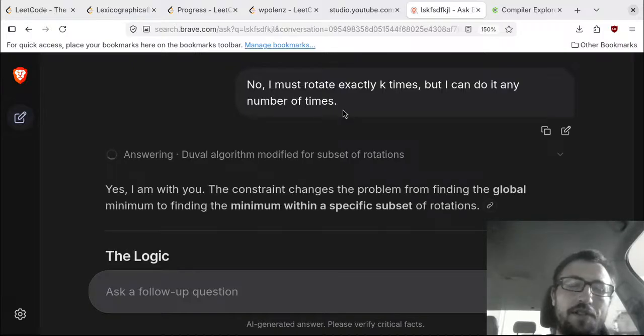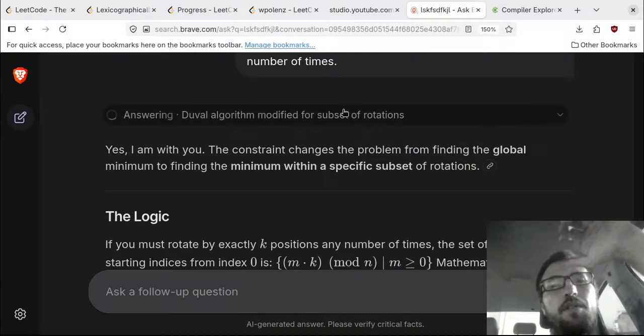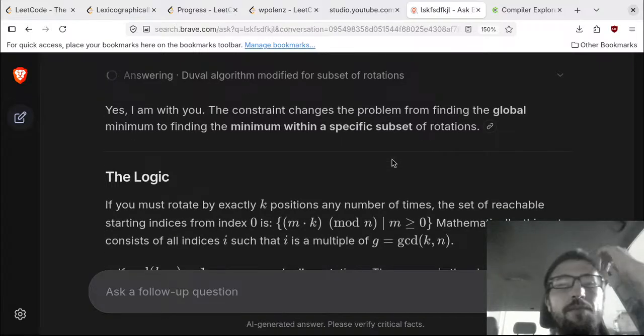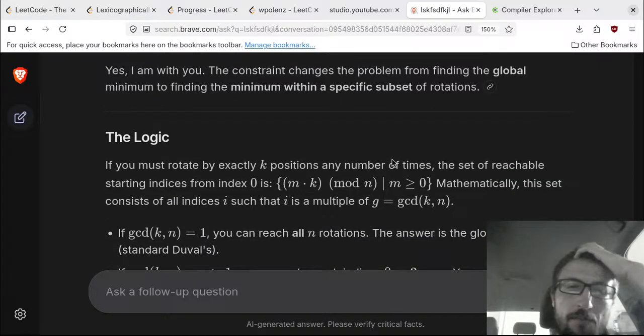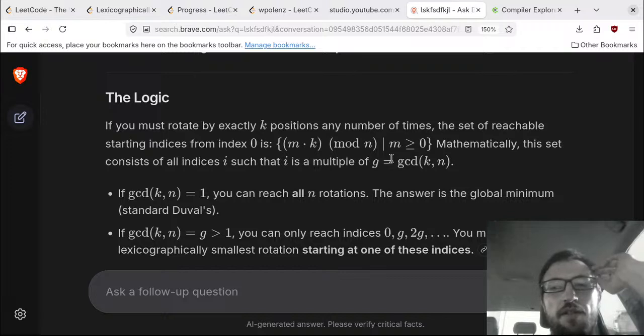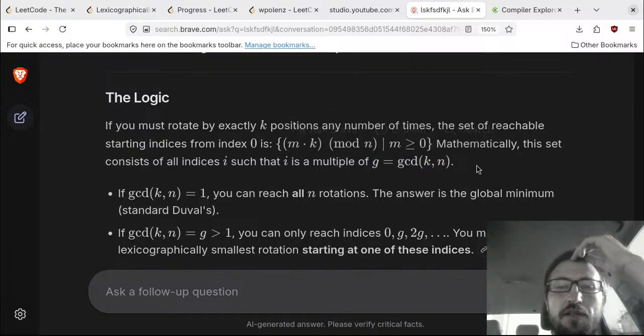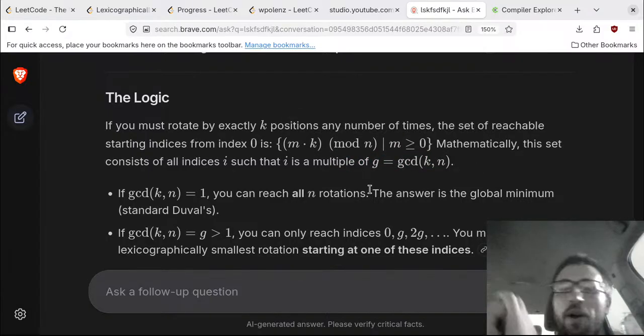Subset of rotations, okay. With you, the constraint changes the problem from finding the global minimum to finding the minimum within a specific subset of rotations. If you must rotate by exactly k positions any number of times, the set of reachable starting indices from index 0 is m times k mod n, m greater than or equal to 0. Mathematically, this set consists of all indices, that's what I was saying, all indices i such that i is a multiple of g equals GCD of k and n.